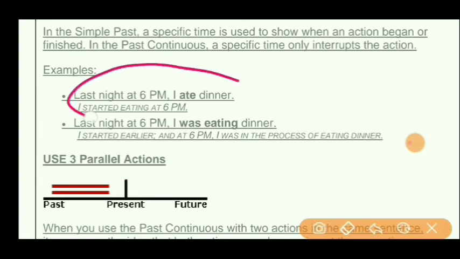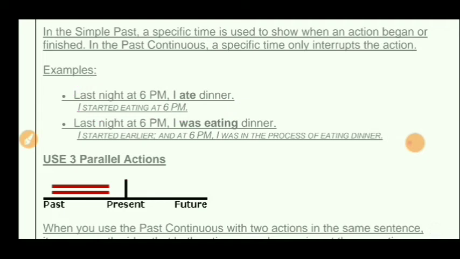I started eating at 6 p.m., so I ate dinner, I finished my dinner. So this action began at 6 p.m., or I ate my dinner, I finished it. And in the past continuous, a specific time only interrupts an action.